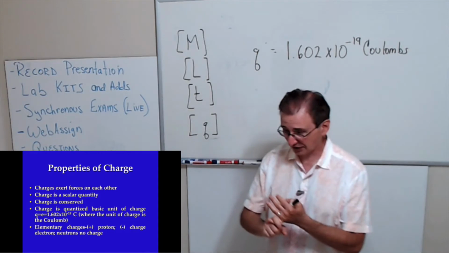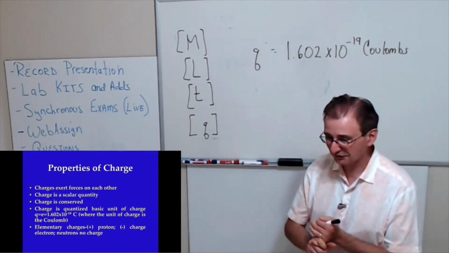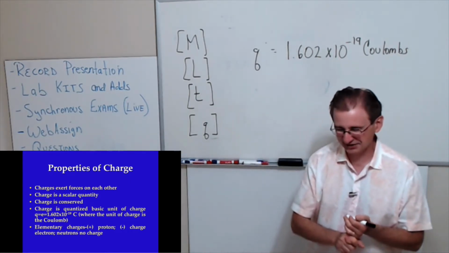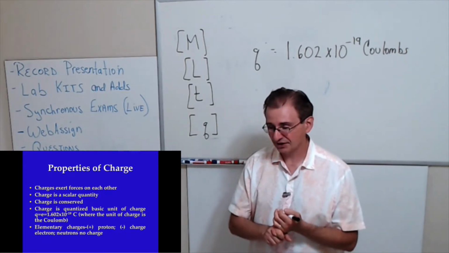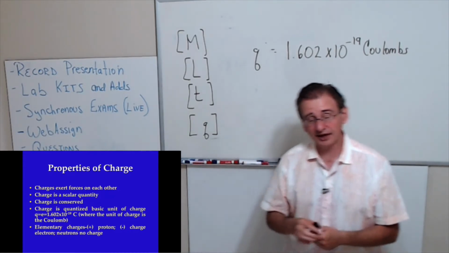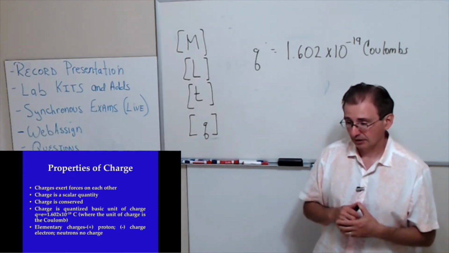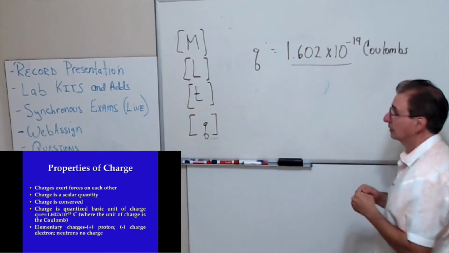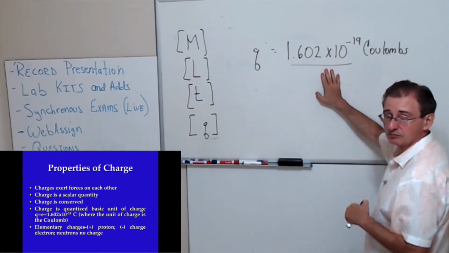Mass is a scalar. Masses exert forces on each other. Mass is conserved. And there is a basic unit of mass. Okay. But the difference is, mass is always positive. Charges can be positive or negative. Okay. The fact that we're talking about quantizing means that charge comes in multiples of this value, a discrete number.